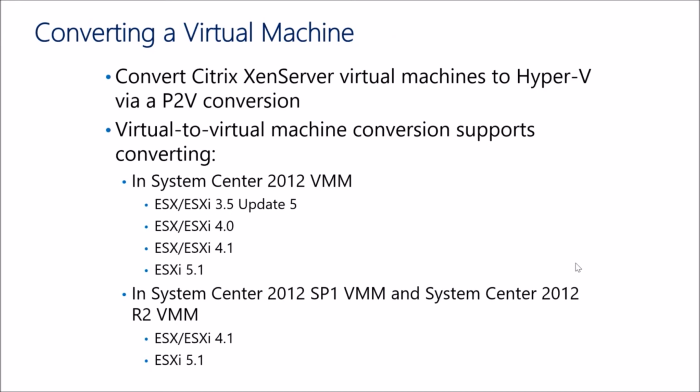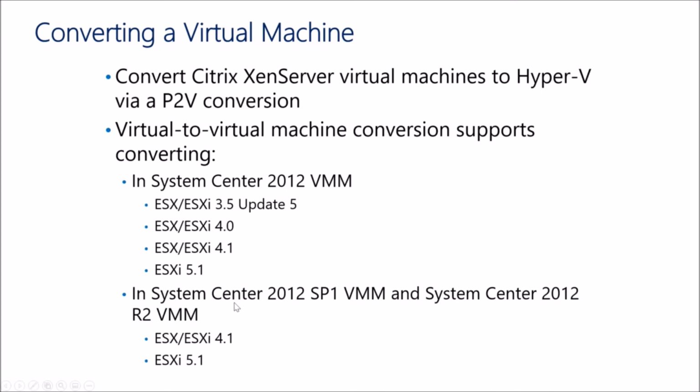We can do V2V, or virtual to virtual machine conversion, and that type of conversion is supported in System Center 2012 VMM with these versions of ESXi. If you don't know what ESXi or ESX is, it's basically the hypervisor or hosts of the VMware vSphere suite of servers.